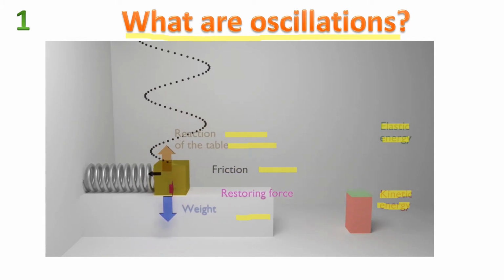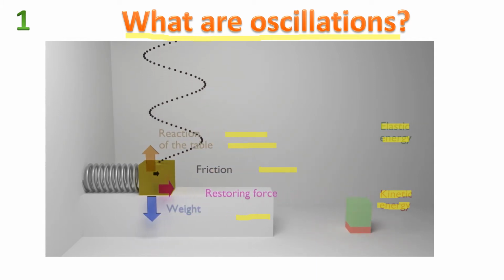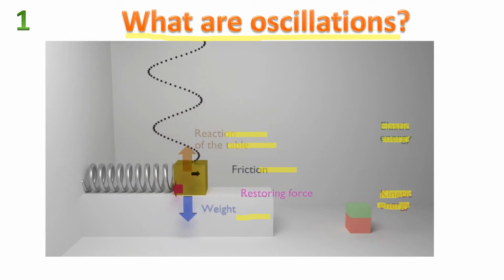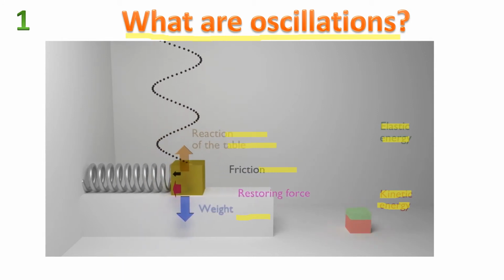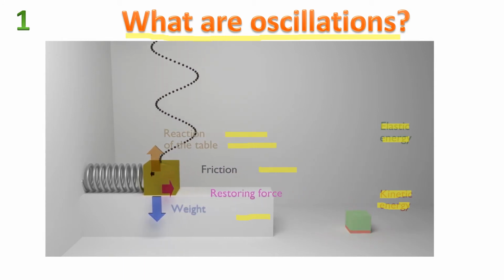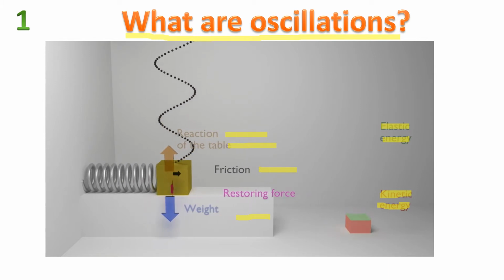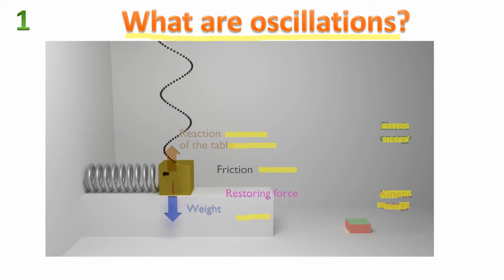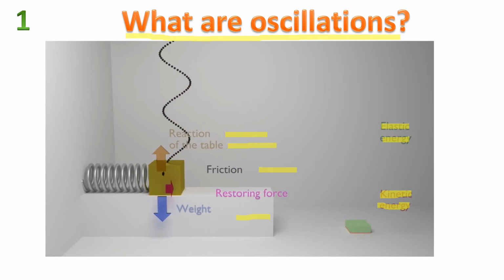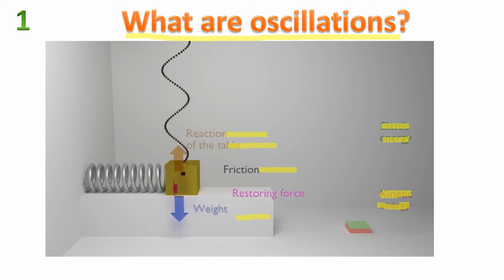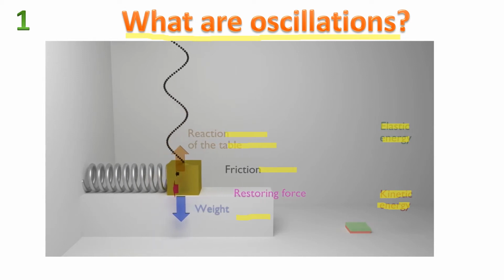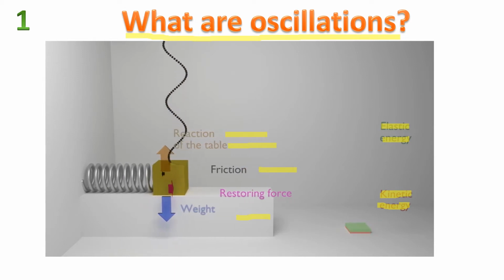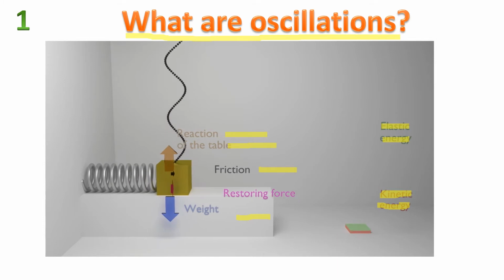Oscillations are taking place and the amplitude of the oscillation is decreasing. Here you can see the kinetic energy is decreasing, and the amplitude of the oscillations, which has been recorded in the form of dots appearing on your screen, which is scrolling upwards, is reducing.